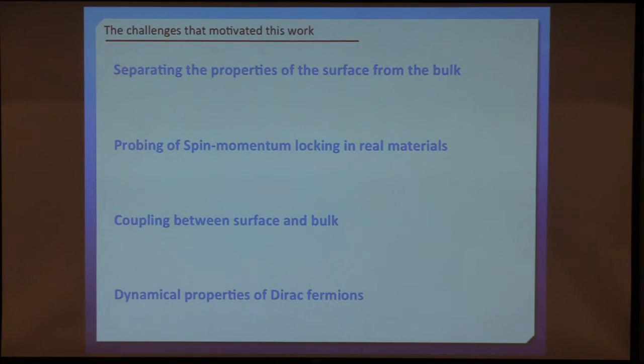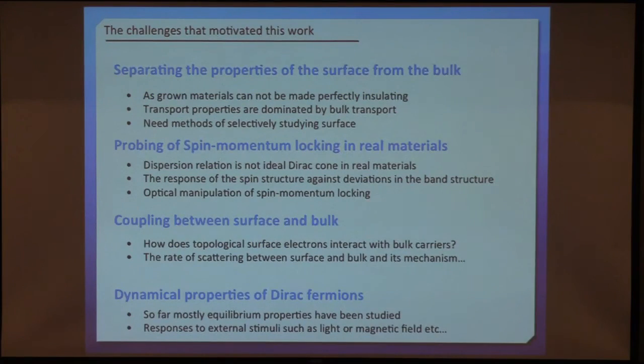Okay, so far I just painted you an idealized picture and what's good about these materials. Let's now talk about some of the challenges that actually motivated my work, and what were some of the problems that we didn't know about. As was raised, everything that I was telling you about was the property of the surface. But it turns out when you make these materials, it's very hard to make them insulating.